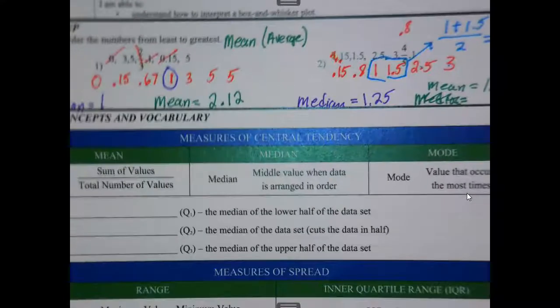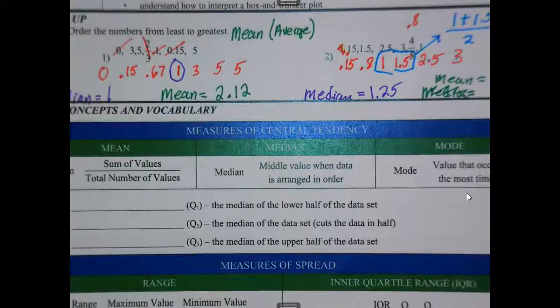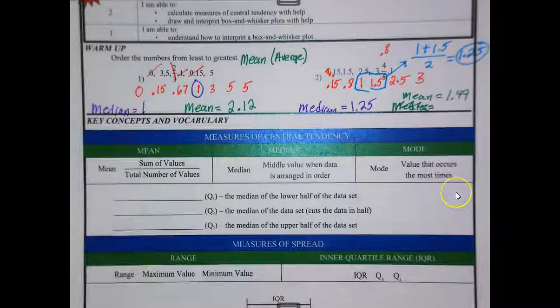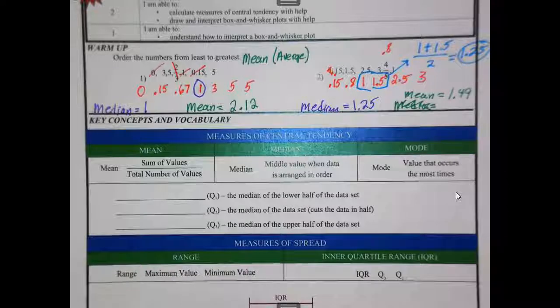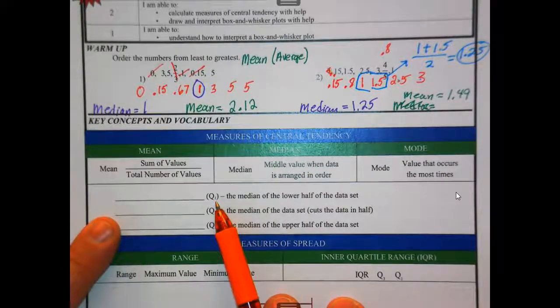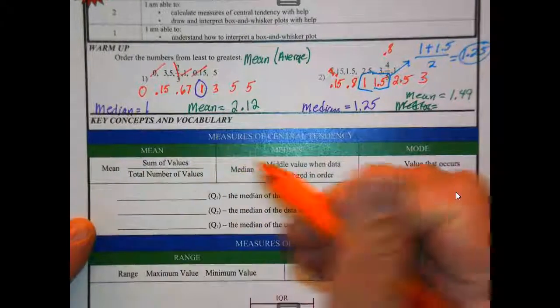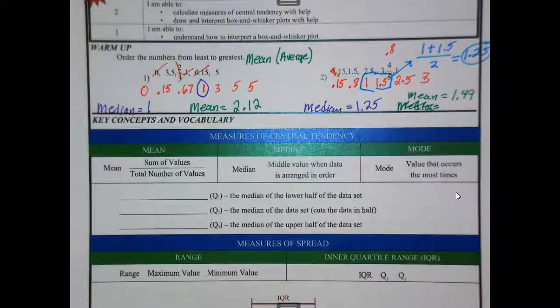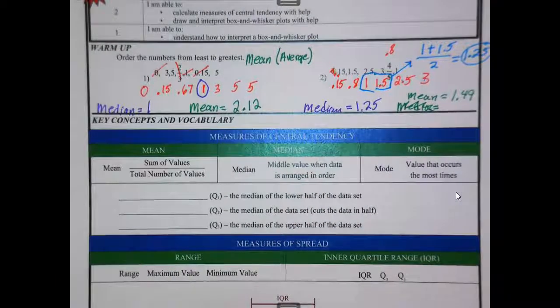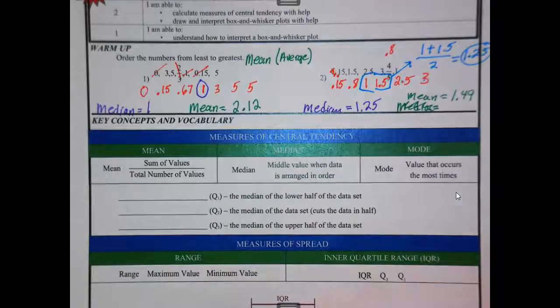Okay. All right. A little bit about our box and whisker plots that we did last project. Q1, that was our first quartile, right? That was the median of the lower half. Remember we made a box and whisker where we found the median?